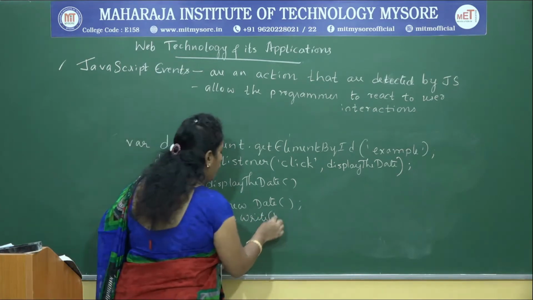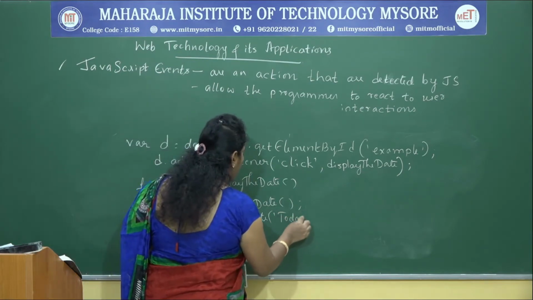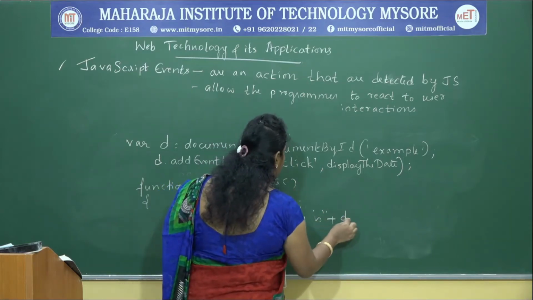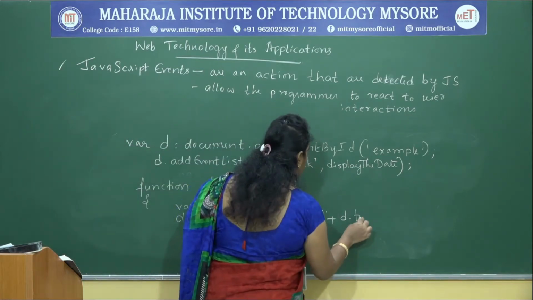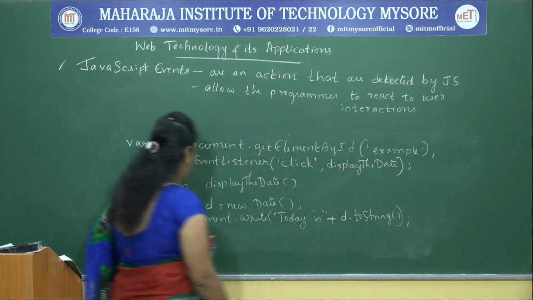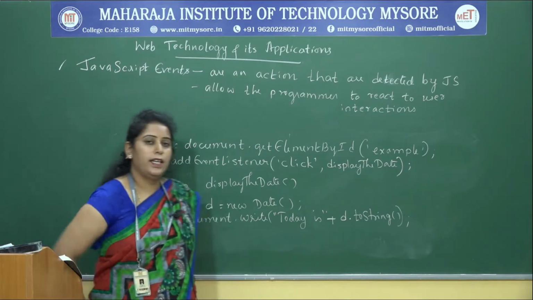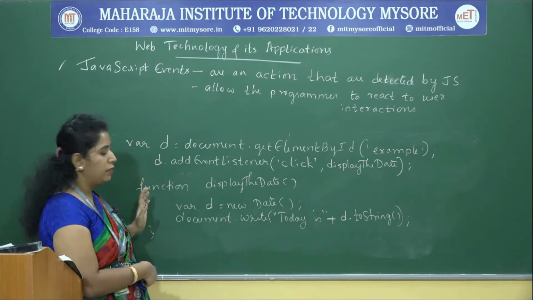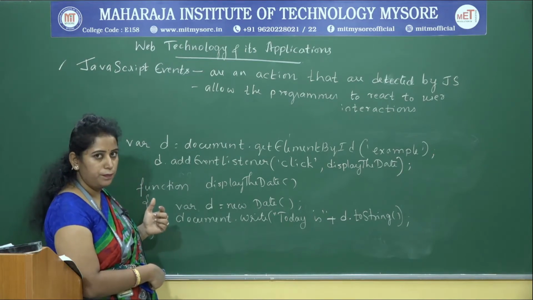Any message which you wish to print on the screen, that is, "Today is", plus D, where the date has been converted to string. Then close the function. So this is one example where we are using multiple handlers to handle different objects.